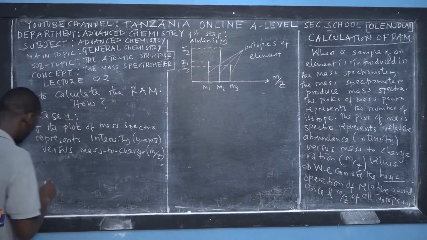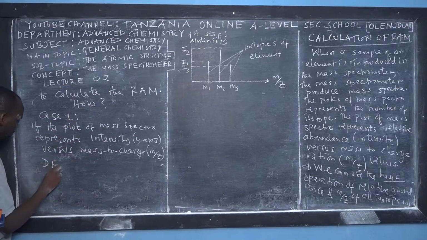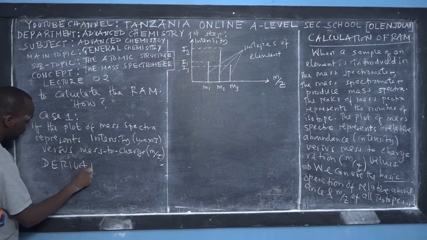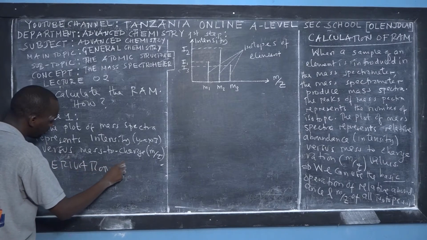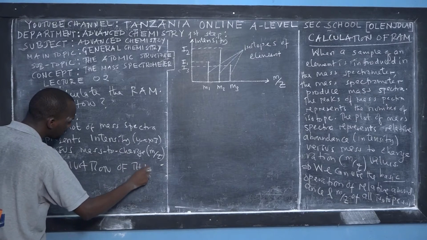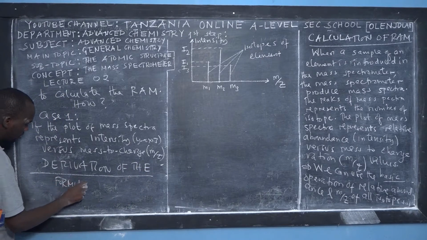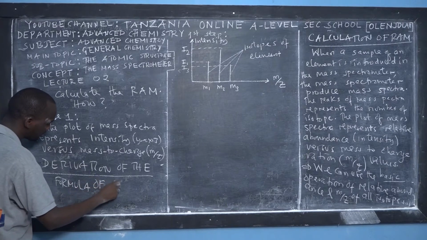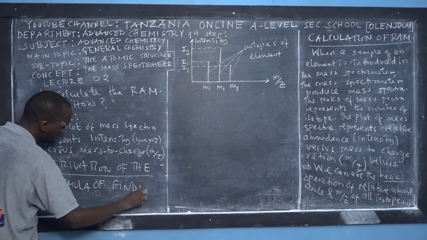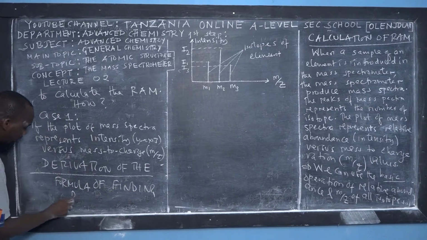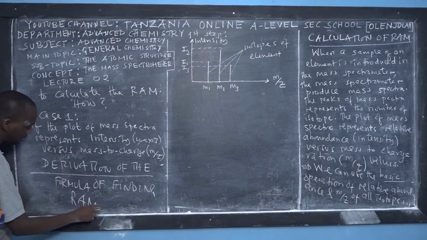So here we have a little subtitle which is called derivation of the formula of finding relative atomic mass.